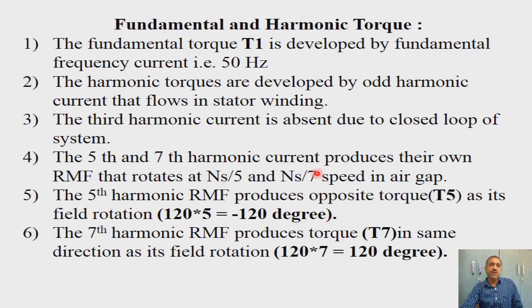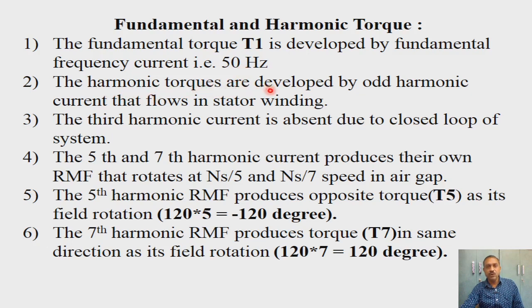Now let us see what are the different torques that will be produced in the induction motor. We know that the fundamental torque T1 will be developed by the fundamental frequency, which in India is 50 Hz. Other than the fundamental frequency current, there are harmonic currents, and the harmonic currents produce harmonic torques.